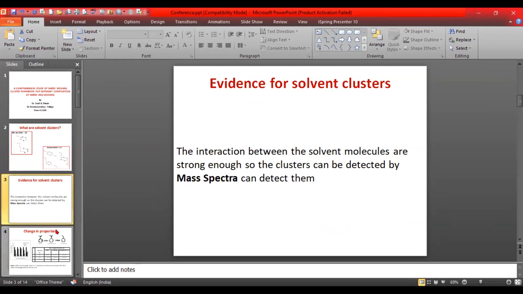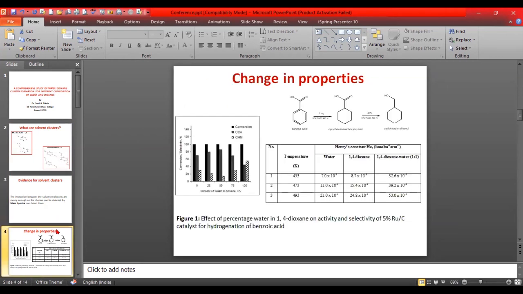Now, once we know about solvent clusters, does it impact anything, do they change the properties or not? In our own published paper, we found that when solvents are mixed, they can change the properties. Here we are discussing the hydrogenation of benzoic acid in water and 1,4-dioxane.